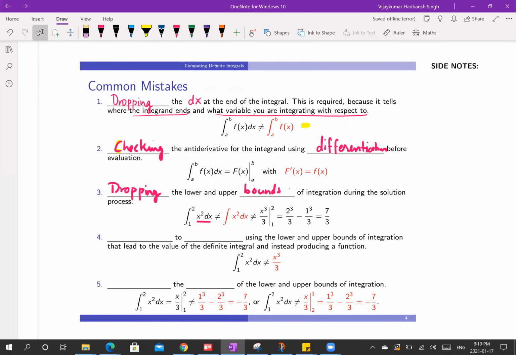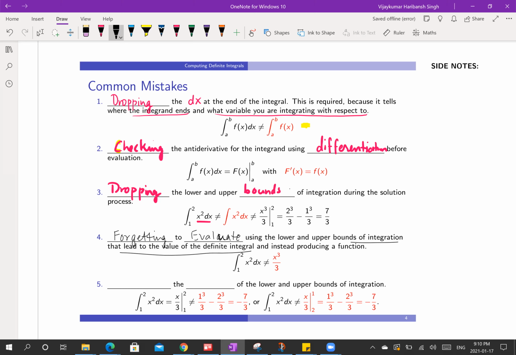Second is forgetting to evaluate using the lower and upper bounds of integration, which leads to the value of the definite integral, and instead producing a function.